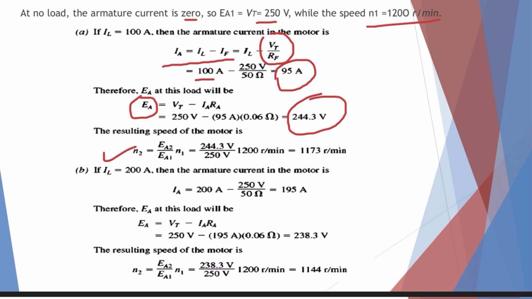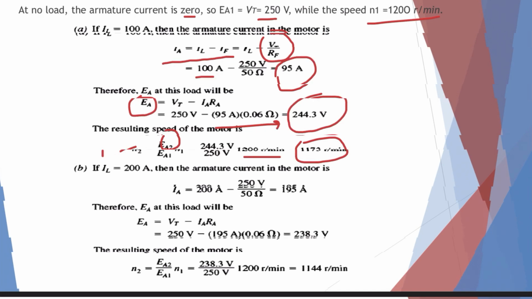The resulting speed of the motor N2 equal EA2 over EA1, EA1 from the question 250, multiply N1, also from the question, 1200. The answer will be 1170.